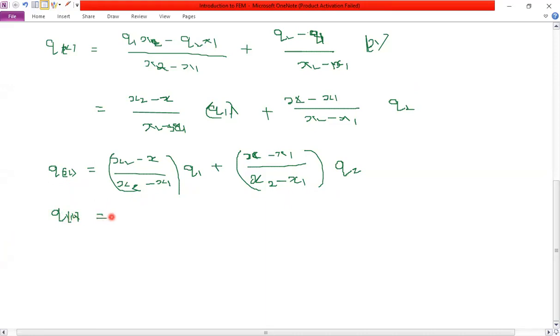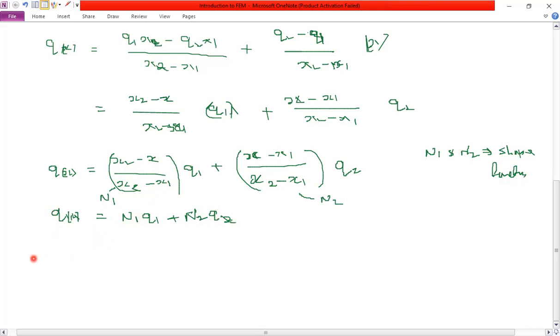Let us call these n1 and n2, where n1 and n2 are the shape functions. The shape functions can be defined as n1 is equal to (x2 minus x) divided by (x2 minus x1). So instead of writing that, I would like to write n1 into q1 plus n2 into q2. This is a simplified form.